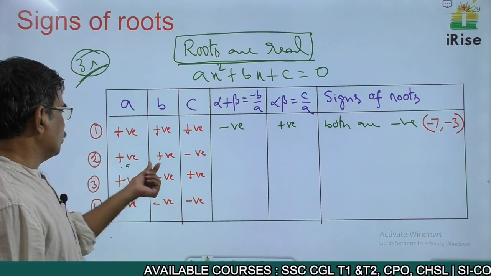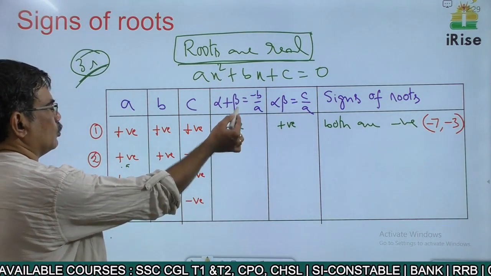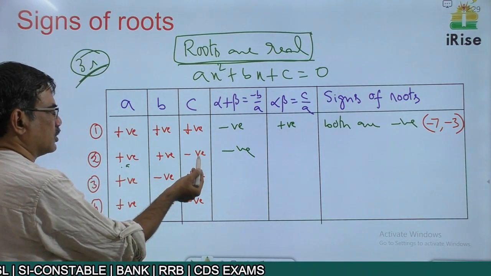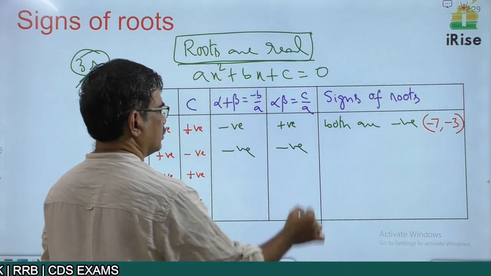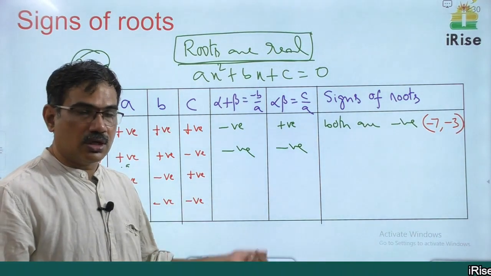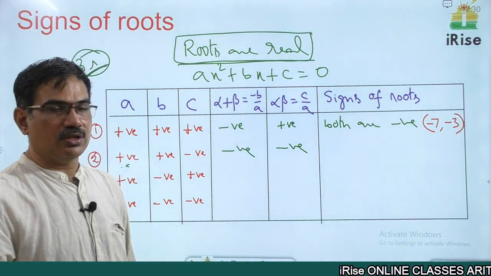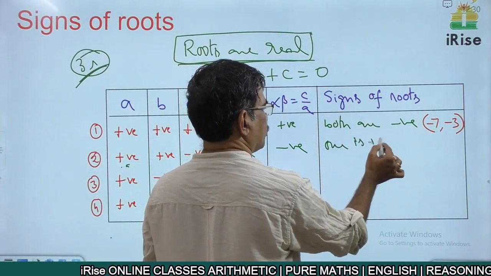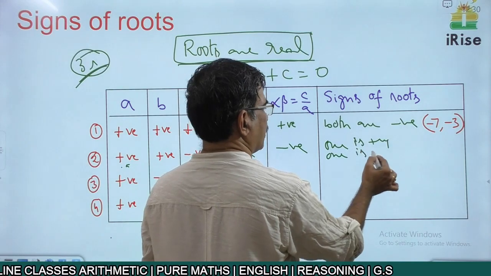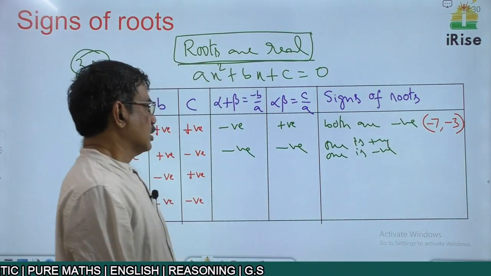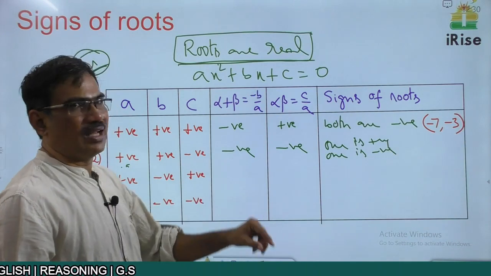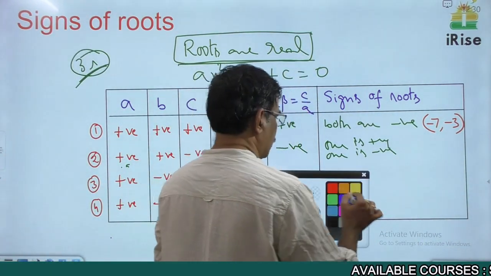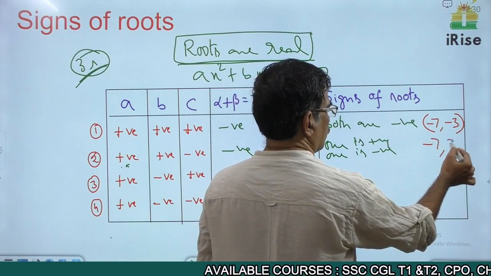Second condition. If this is positive, positive, negative, what is the sum of the roots? Minus b by a, negative, and the product of the roots c by a, also negative. Sum is negative and product is also negative when it is possible, if one root is positive and one is negative. And very important, to get a negative value, the bigger number has a negative sign, for example, minus 7 plus 3.